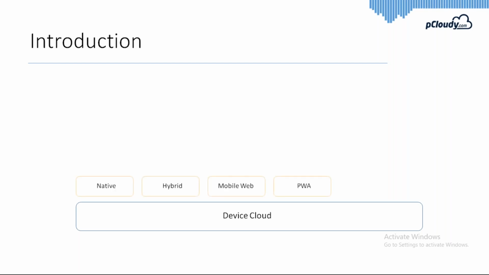What are all applications you can test with pCloudy? Native application, hybrid application, mobile web applications, or even PWA applications, right? So any such kind of applications if you are using or you want to test, you can pretty much use pCloudy to test these applications.